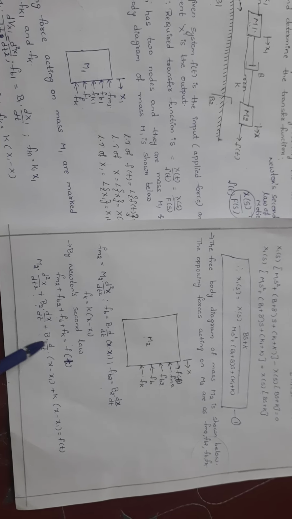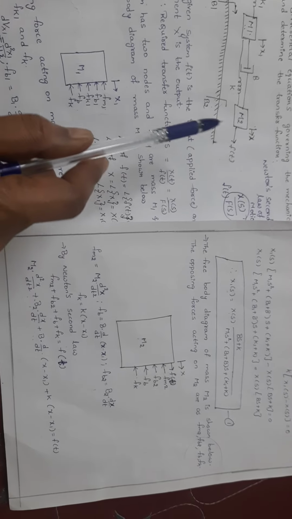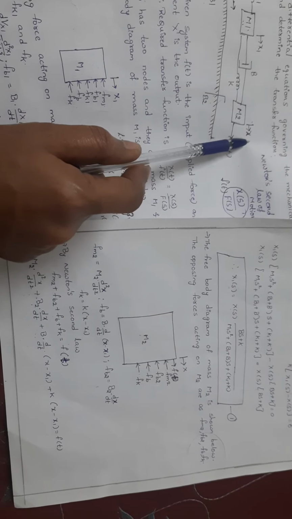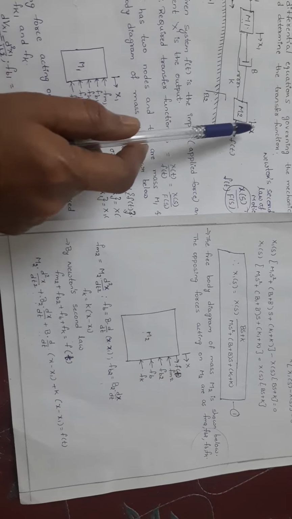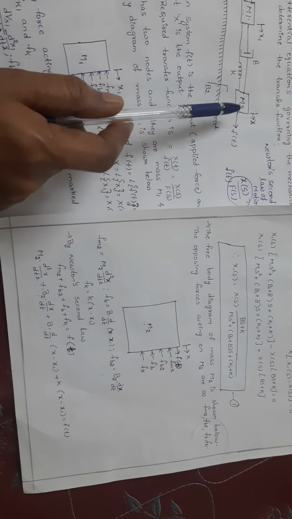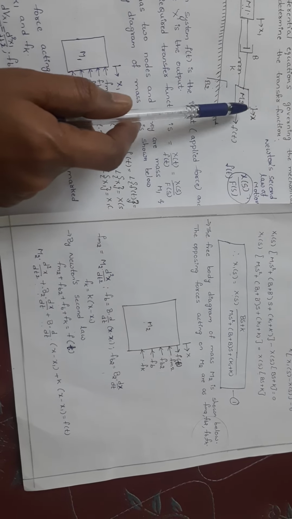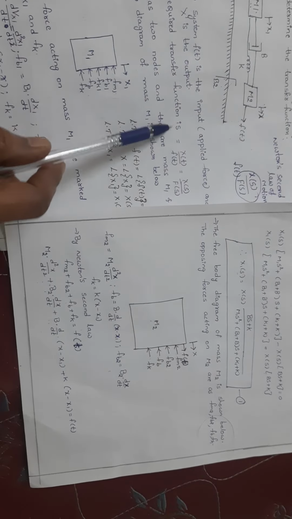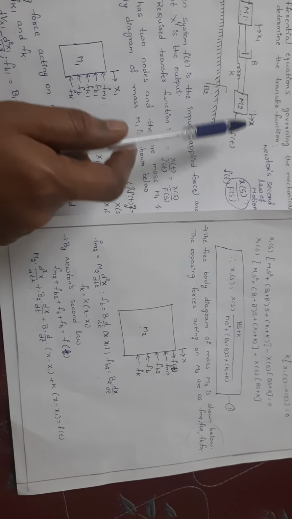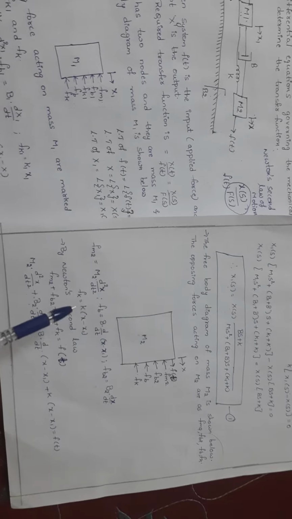For b2 there is only one displacement x, but for b there are two displacements, and now we are writing for m2, no? So you should write x minus x1, and for k you should write x minus x1, equal to f of t. So you write all these equations.